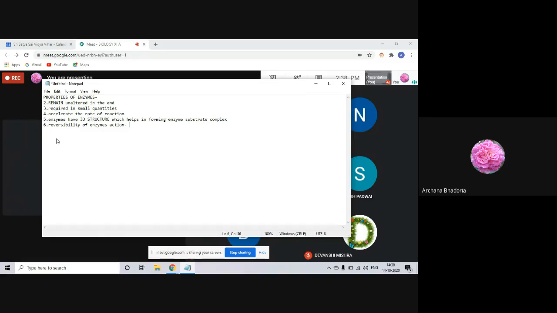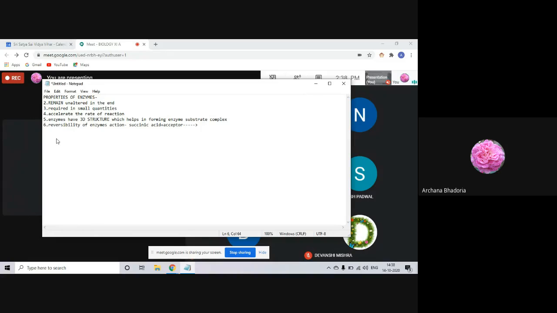Okay, what equation will you write down? Succinic acid plus the acceptor, and then you put the reversible arrows, children.